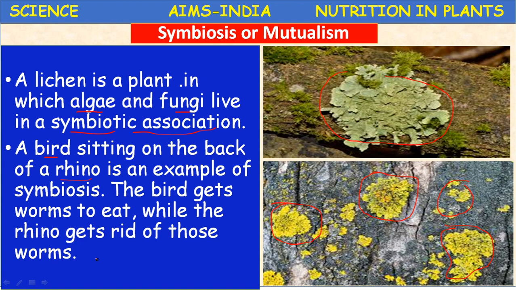Not only this, you can consider another example, that is Rhizobium bacteria and the groundnut plant. Plants require nitrogen for their growth. Though 70% and above nitrogen is present in the atmosphere, that is not useful for the plant.